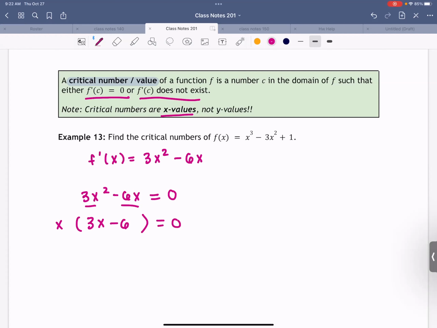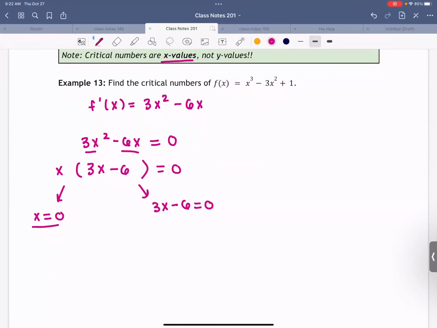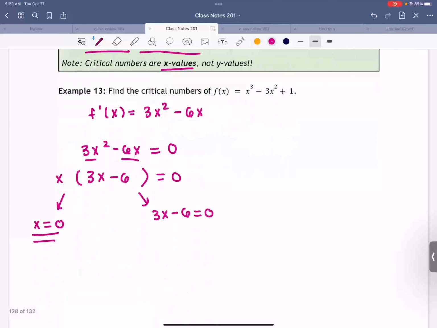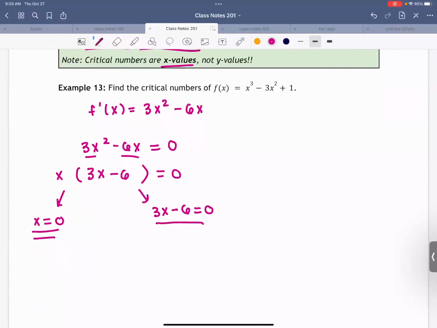When I have two factors equal to 0, you can always separate our factors. So we can have x equals 0 and 3x minus 6 equals 0. Well, this one over here is already solved. We can solve the right-hand side equation first by adding 6 on both sides, right? So we have 3x equals 6, and then we can divide by 3.